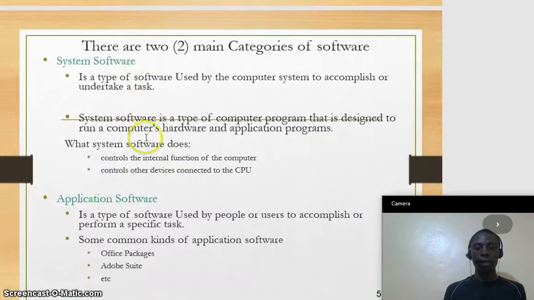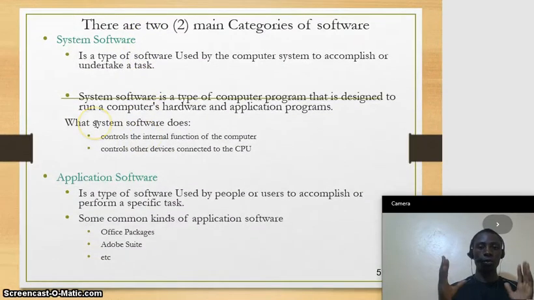There are two main categories of software that we are going to look at in this lecture. One is the system software. We shall also look at the application software. The system software is a type of software used by the computer system to accomplish a task.